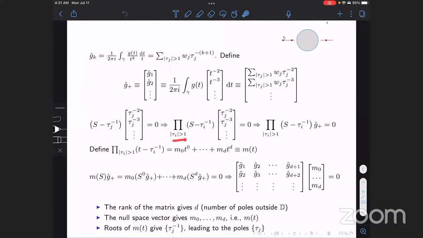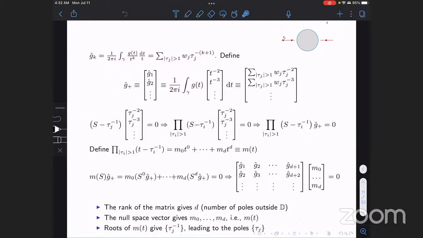Then we take the product over all the potential poles outside the unit disk, and this is also 0 because all these terms, s minus tau j to the minus 1, commute with each other. Finally, once we take the product, this is independent of j, so we can multiply these vectors by wj and add them together, and that gives me my g hat plus vector.